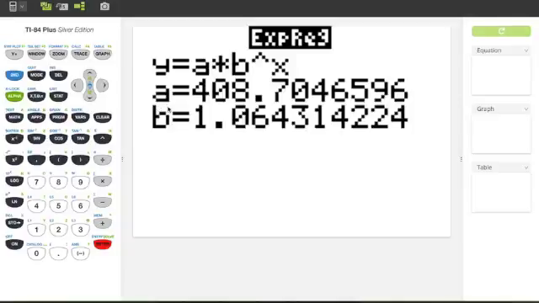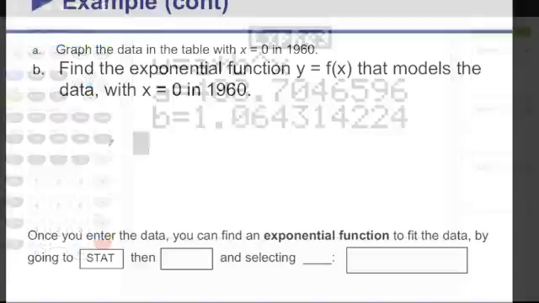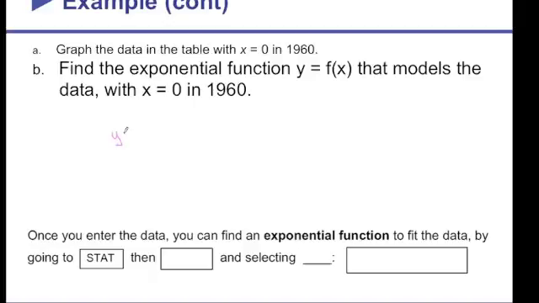Okay, so y equals 4.08705 times 1.064 to the x power. We know that the equation is y equals 408 and 705 thousandths times 1 plus 0.64 hundredths to the x.